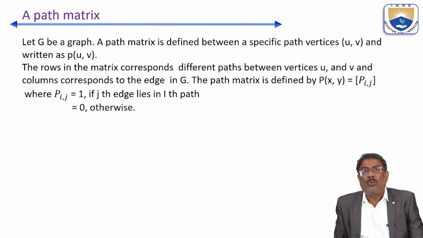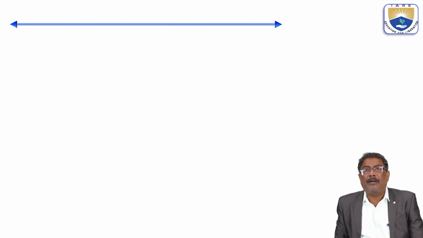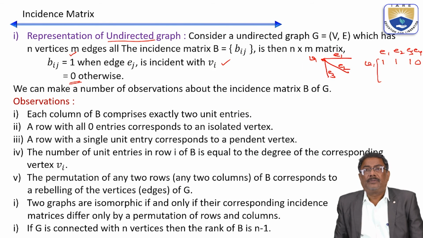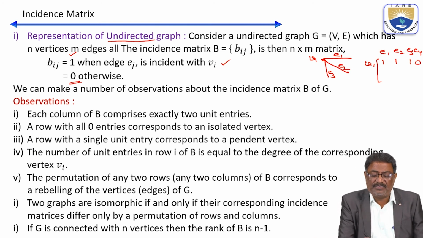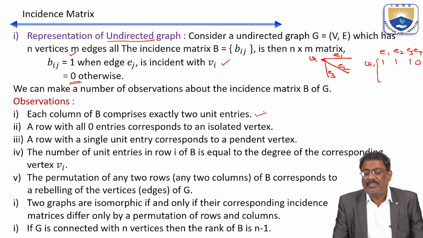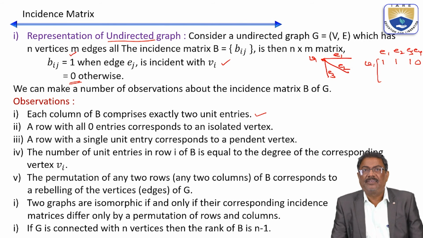Now some observations for the incidence matrix of an undirected graph. Each column of B comprises exactly 2 unit entries.